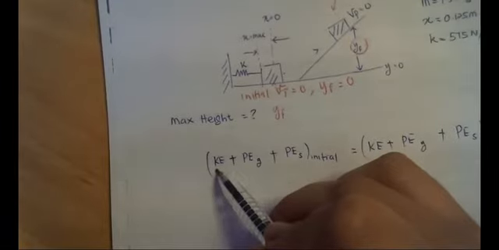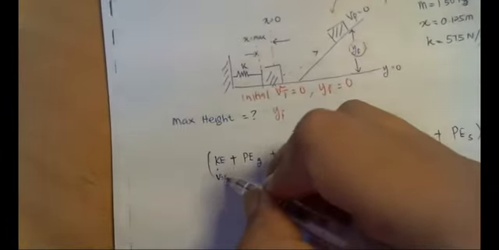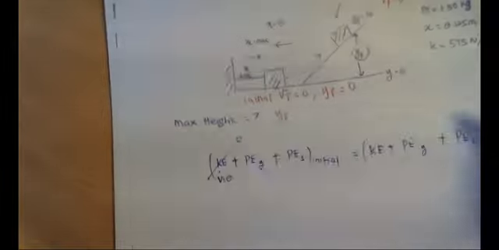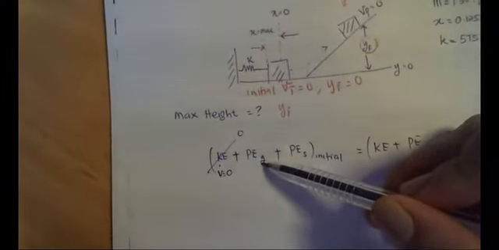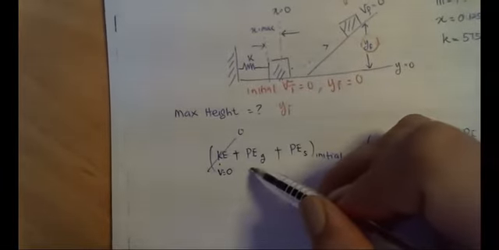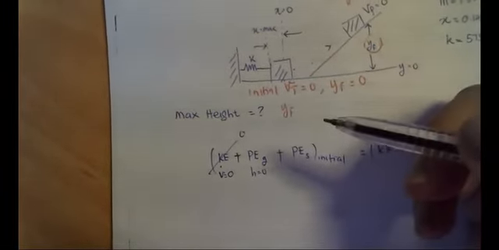This is the initial position, where I know that the kinetic energy is equal to 0 because the velocity is equal to 0. So this part is equal to 0. And then the gravitational potential energy is also equal to 0 because the height is equal to 0.